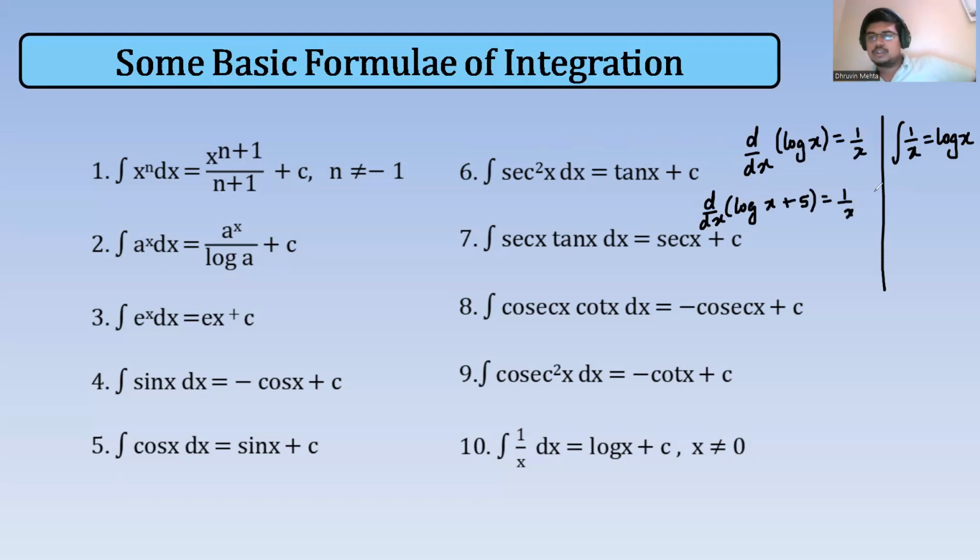So if I ask you integration of 1 upon x, do you agree it can also be log x plus 5? And why is this happening? Because derivative of 5 is 0. So the point is integration of 1 upon x can be log x, it can also be log x plus 5, it can be log x minus 7, it can be log x plus any constant, any number. So in integration we will always write plus c at the end. After every sum always plus c.